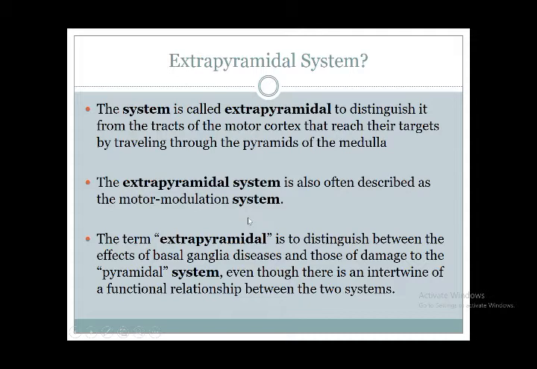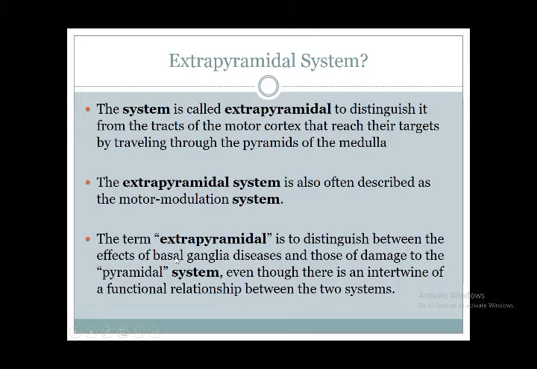The term extrapyramidal is to distinguish between the effects of basal ganglia disease and those of damage to the pyramidal system. We know that when there is damage to the pyramidal system, for example in a stroke, there is spasticity or spastic weakness on the contralateral side. But in extrapyramidal disorders, there is no such motor weakness, but there is some problem in the tone of the muscle, maybe leading to rigidity.